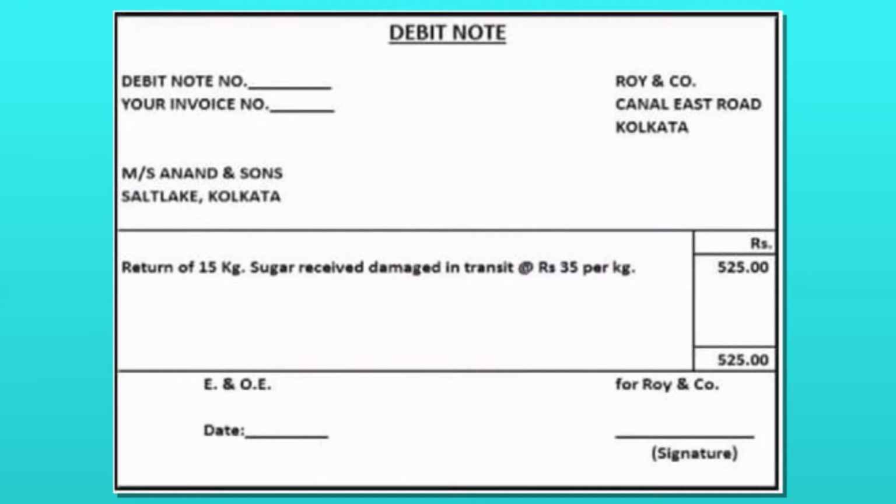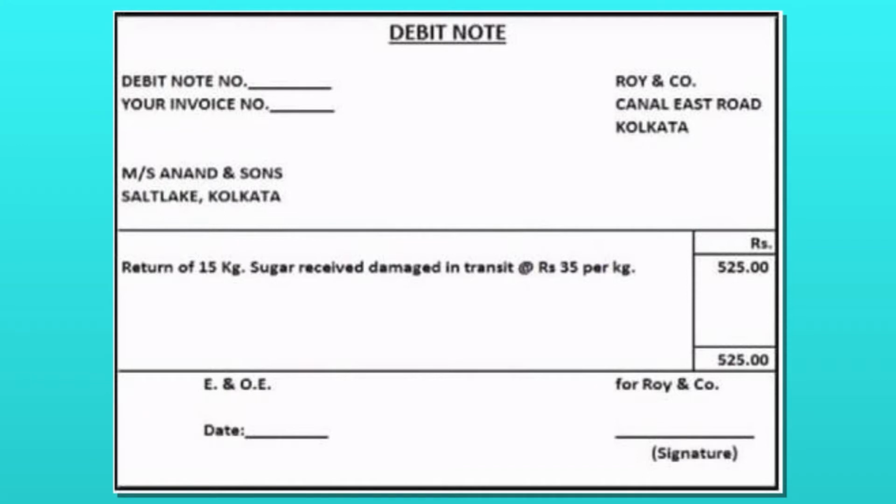So it means that Roy and Company purchased the goods from Anand and Sons, Kolkata. So when Roy and Company is returning the goods, it means Roy and Company is writing a debit note to Anand and Sons.